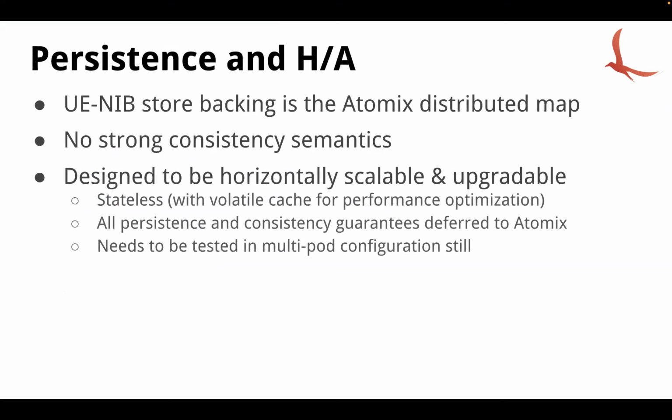Again, like with topology, it's atomics distributed map, except this time we didn't impose any strong consistency guarantees on it. So we basically were not checking the revision or the existence of the object. So basically, create and update are indistinguishable. Really. Okay. Just like with topology, it's designed to be horizontally scalable in the sense that we could instantiate multiple of these things.